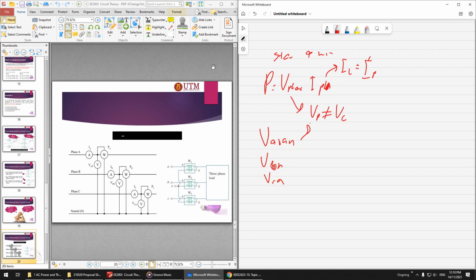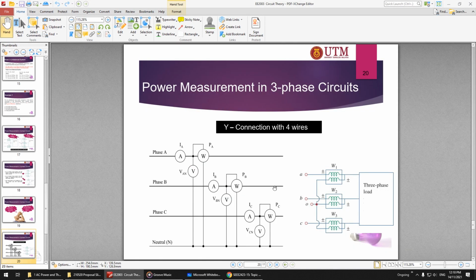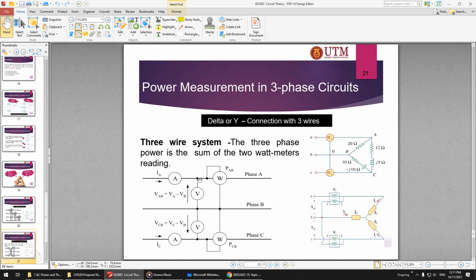That's why we use 3 wattmeters, to find the power for each phase, and then we just add it up. That is the 3 wattmeter method. This other one is the unique one, for delta connection as well as star connection with 3 wire.